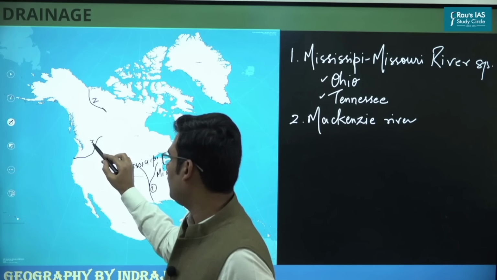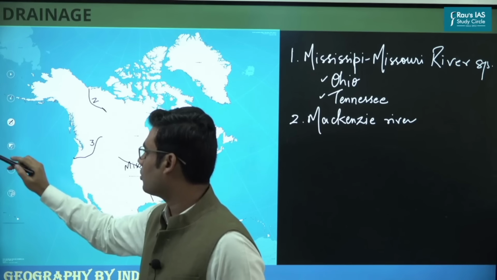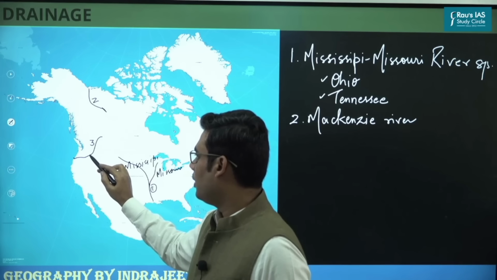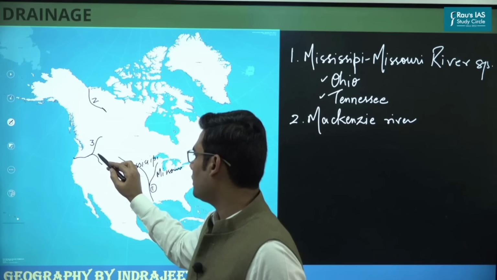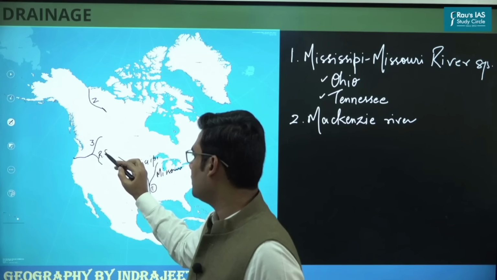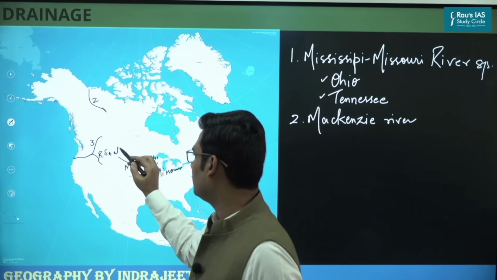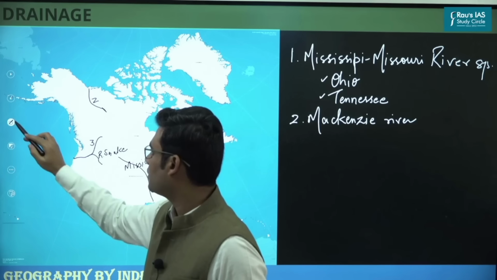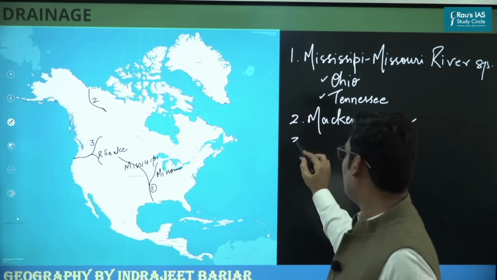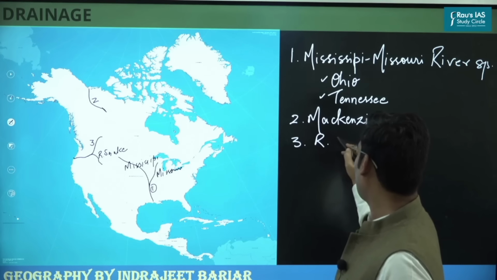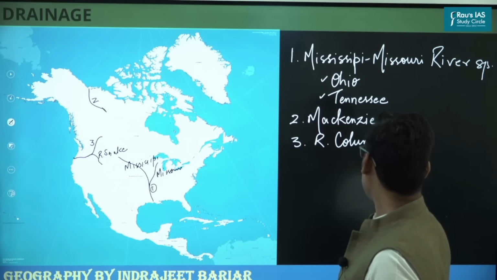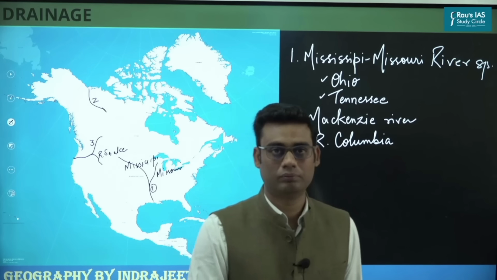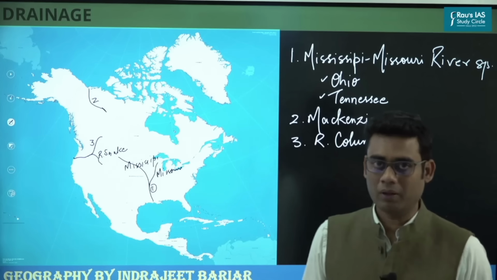This third river is called the Columbia River. There is a very important tributary of this Columbia River called the Snake River. So the third river over here is the Columbia.